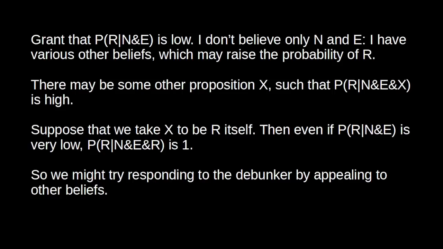So just to illustrate this, suppose, for instance, that we were to take X to be R itself. Well, obviously, even if the probability of R given N and E is extremely low, the probability of R given N and E and R, that's just one, right? That's as high as you can get. Or maybe I believe a proposition such as we have won the evolutionary lottery.